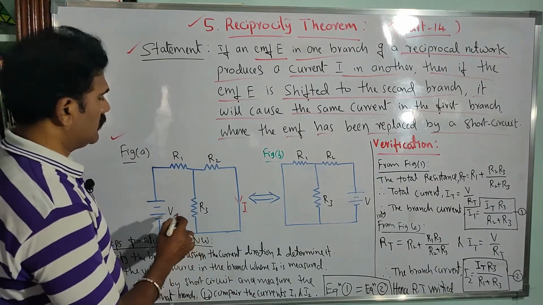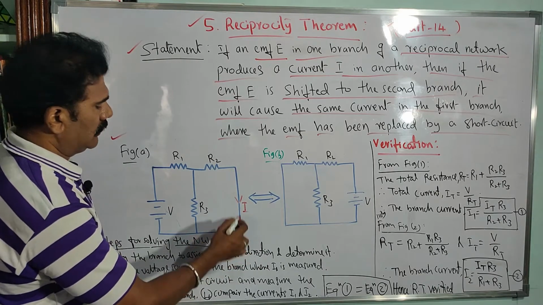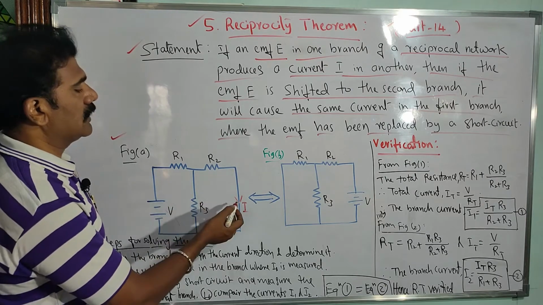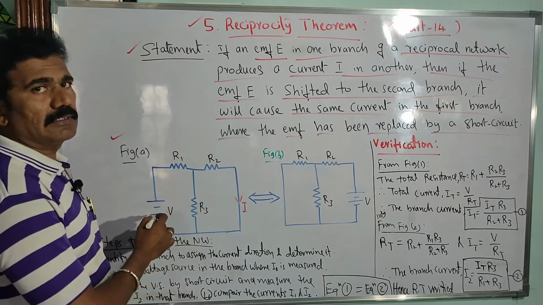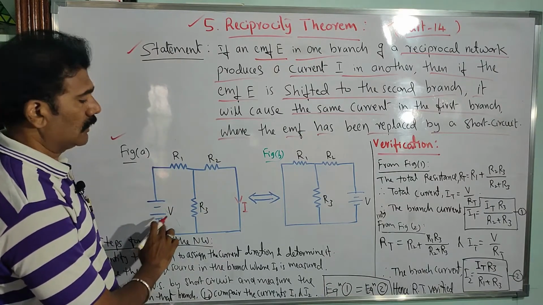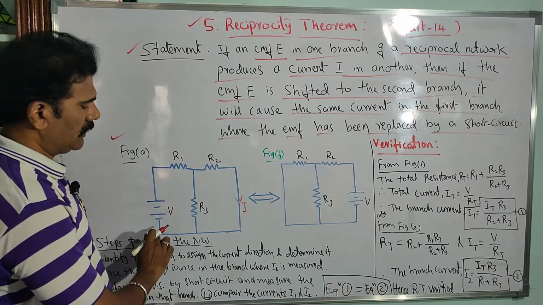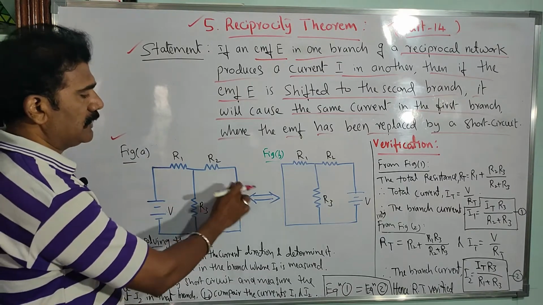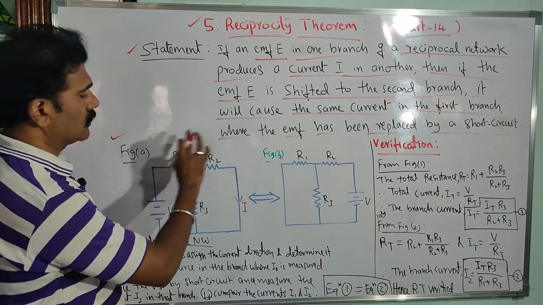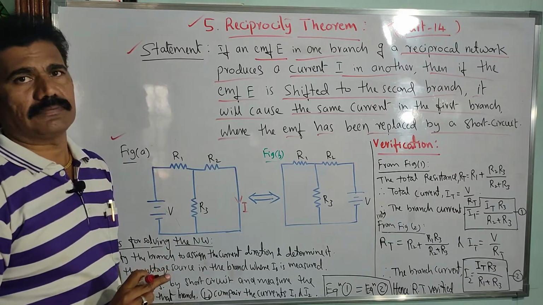Suppose the current I is assigned in a particular branch due to the source V. Then the same current is produced in the first branch if you replace this voltage source by a short circuit, and in this place you shift the voltage source. That's it, you shift the voltage source to the other branch, then you will get the same current in the first branch. Is it clear?